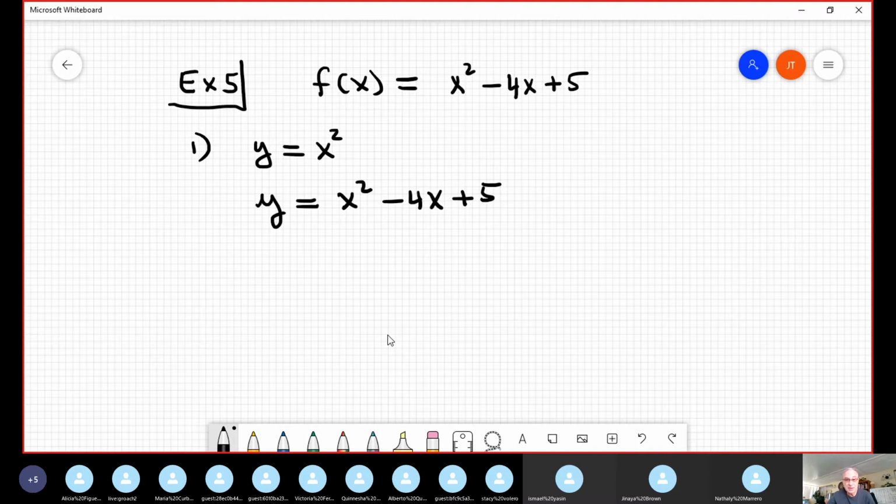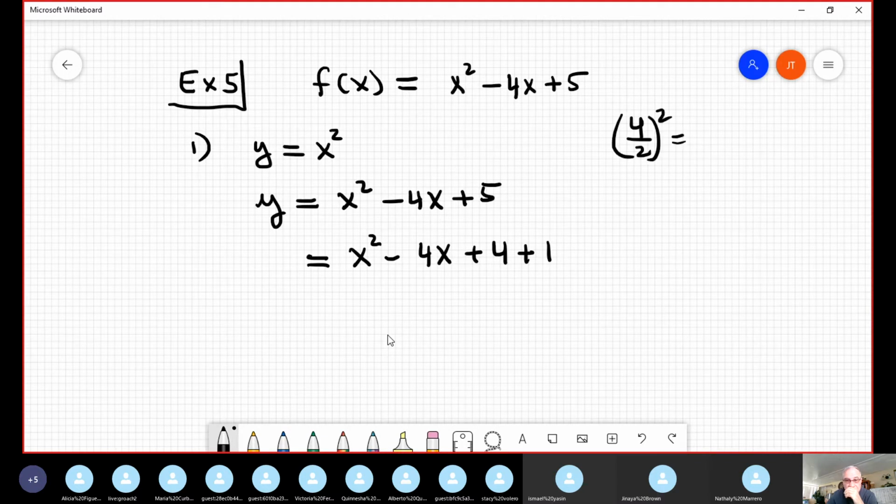Okay, so in this case, one more time, we apply completing the square. Let me show you. x squared minus 4x plus, then I split 5 into 4 and 1. Because remember, the magic number to complete the square is 4 divided by 2, squared, no? 4 divided by 2 squared is 4, a coincidence.